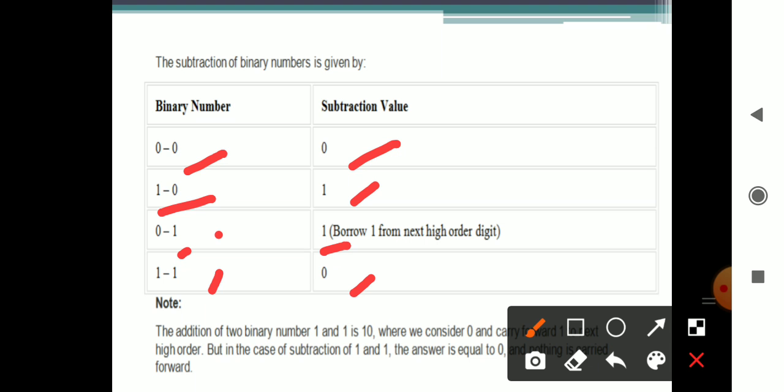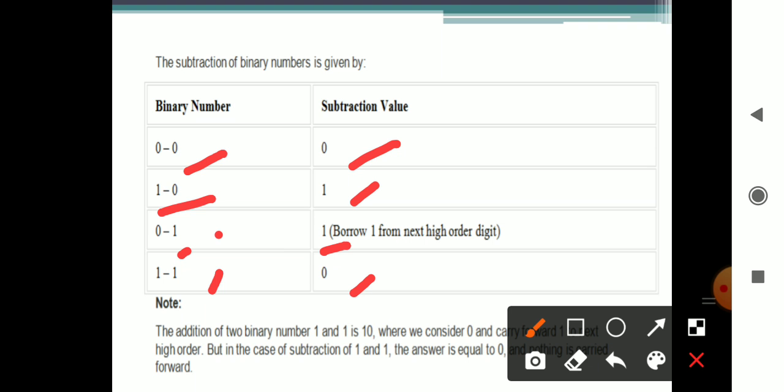So, let's remember that 0 minus 0 is 0. 1 minus 0 is 1. 0 minus 1 gives the result as 1 with a borrow from the next higher order digit. And 1 minus 1 equal to 0.